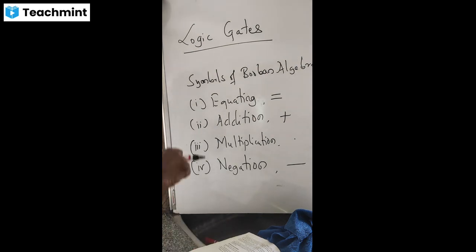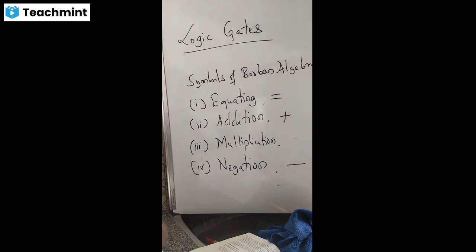Here in Boolean expressions, you will not have subtraction. That's why negation is important. You will not have any kind of subtraction and division. So these are the basics regarding logic expressions, logic gates.